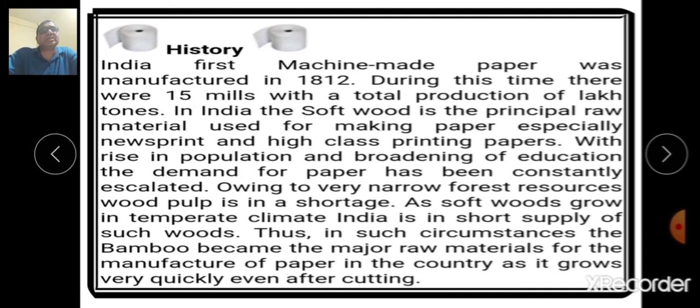Thus, in such circumstances, bamboo became the major raw material for the manufacture of paper in our country, as bamboo grows very quickly even after cutting.